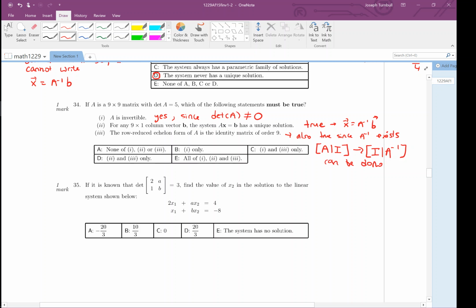And if you can do that, then that means that A has to row reduce to the identity matrix. And this is a 9 by 9 system, so it'll be an identity matrix that's also 9 by 9, which means order 9. So true as well. So it's option E. All of them are true.